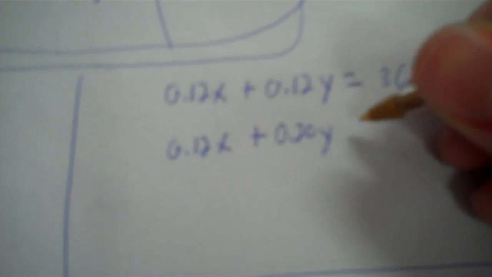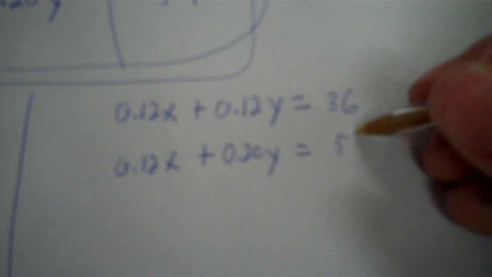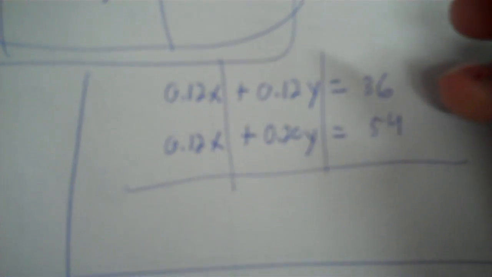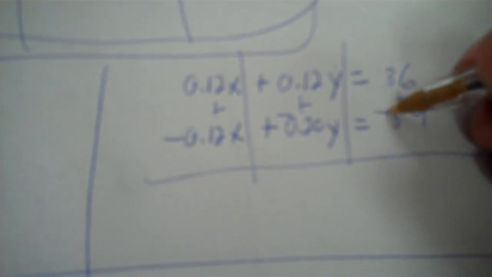Now 0.12x times 1 is 0.12x. 0.20 times 1 is 0.20y. And 54 times 1 is just 54. So now redraw your columns. Plus, plus, plus, so negative, negative, negative.